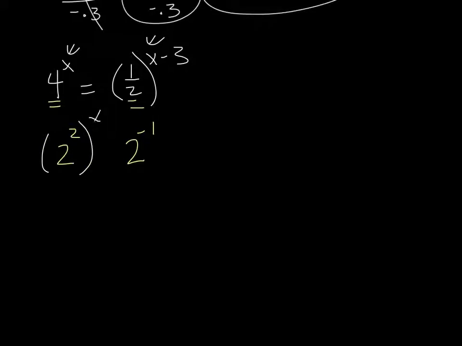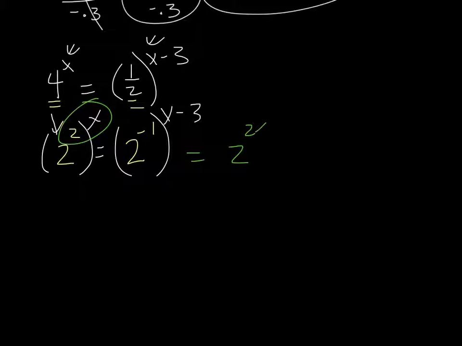So I still have 4 to the x, but I'm writing 4 as 2 squared. I still have 1/2 to the x minus 3, but I'm writing it as 2 to the negative 1 instead of 1/2. Now let me multiply my exponents, so I really have 2 to the 2x equals 2 to the negative x plus 3. Again, I am multiplying and doing a distributive property there.